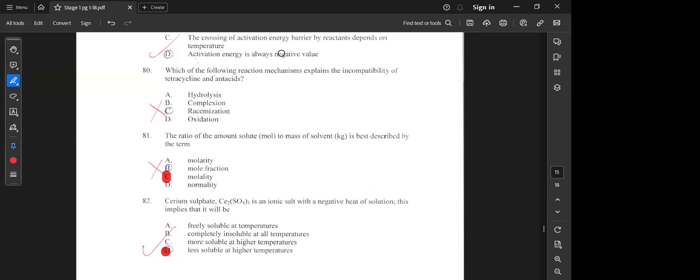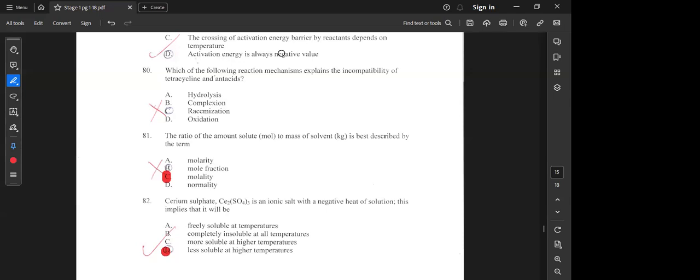I think the formula helps us understand what normality is. Someone has sent it to the group. Normality is the equivalents of the solute divided by the volume of solution. Someone has even given us molarity versus normality.